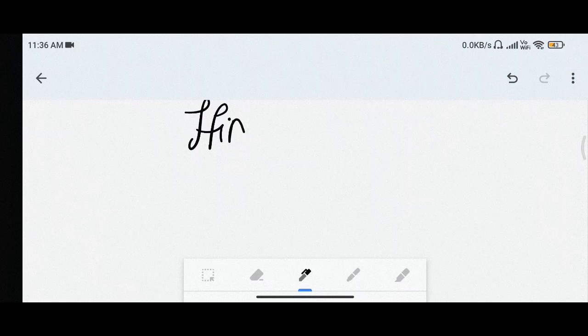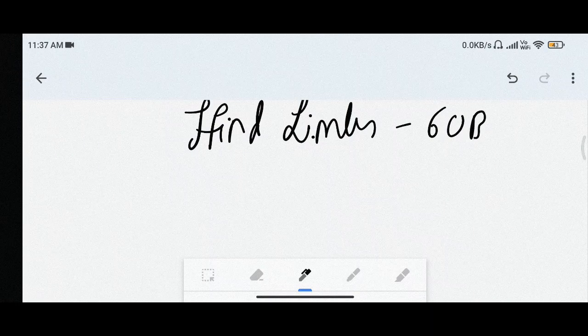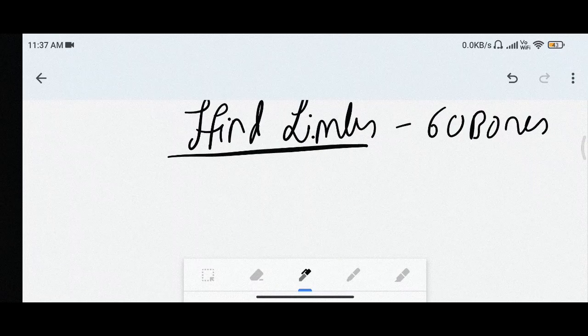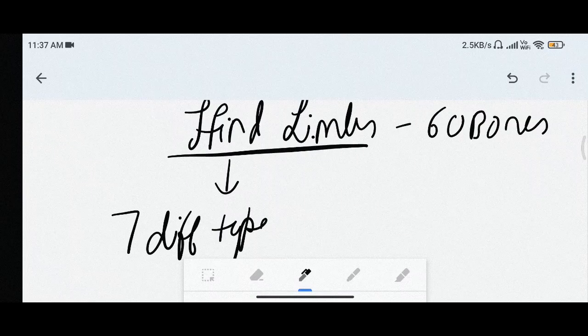Hind limbs. These are also 60 bones. These can be divided into 7 different types of bones. Okay.